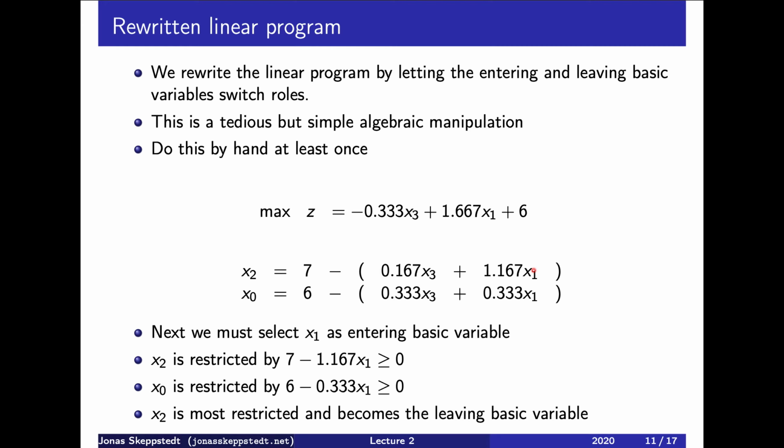And it turns out that it's x2, which we can quite easily realize. And therefore we will swap x1 and x2. And we do exactly the same, express x1 in terms of the rest of this equation and put that wherever we had x1 before.